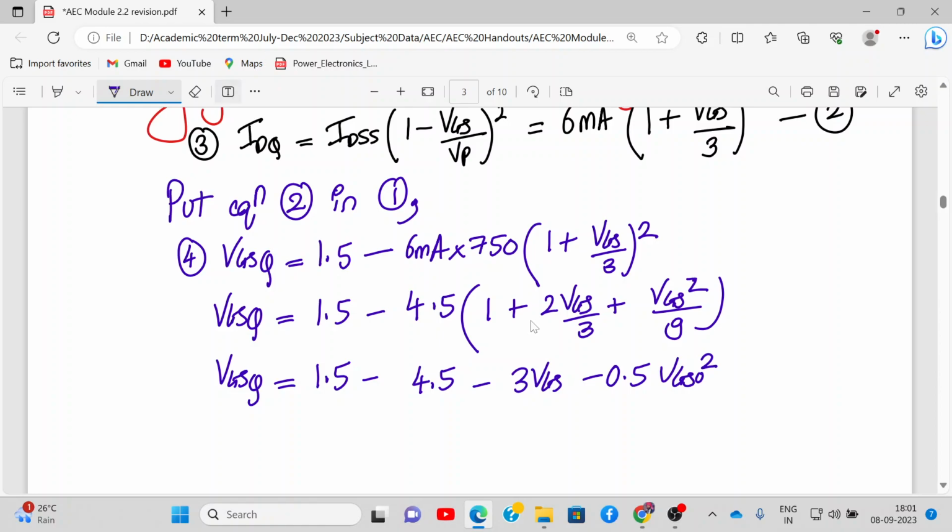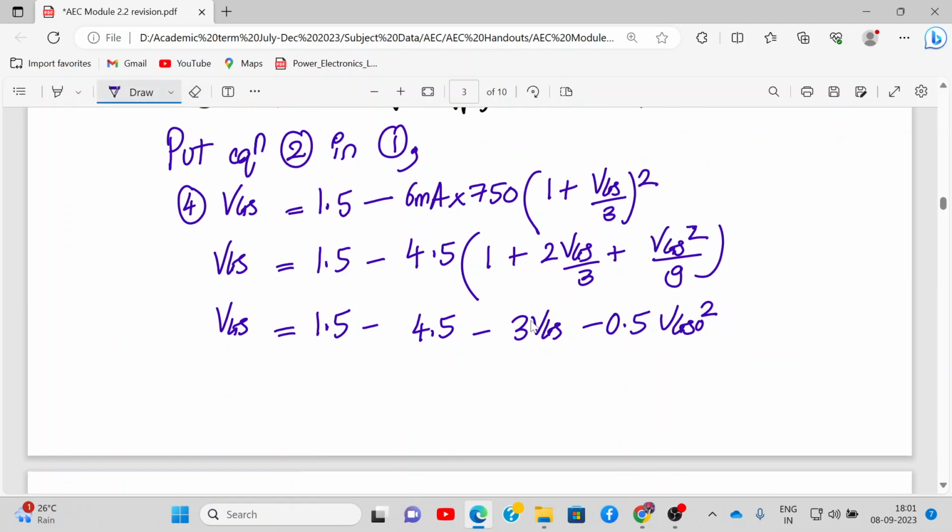You can skip the Q over here, VGS. Then you will get a quadratic equation in VGS. So that will be 0.5 VGS square plus 4 VGS plus 3 is equal to 0.